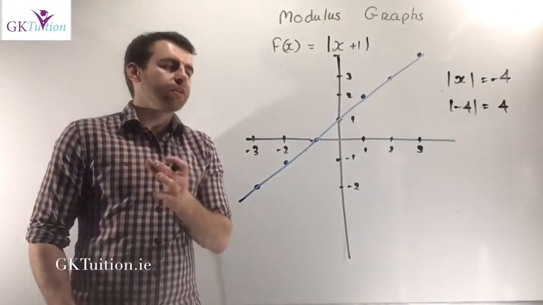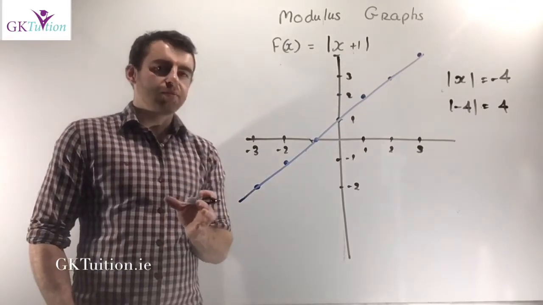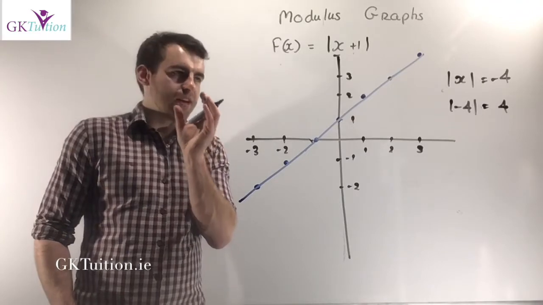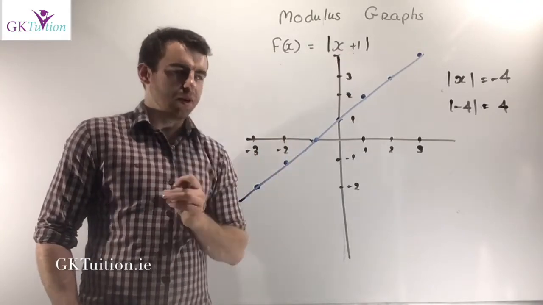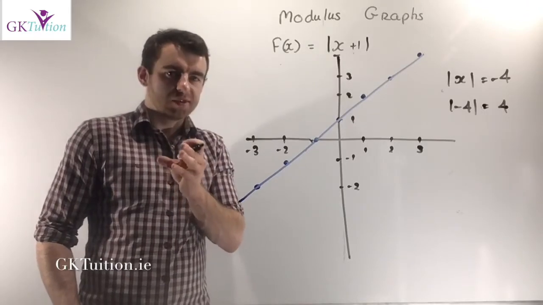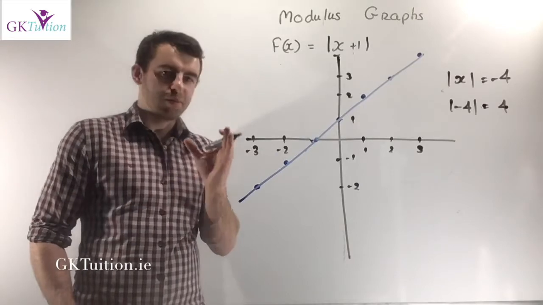I would just ignore the sign, and the absolute value of this is just 4. So you need to realize that it's okay to have a negative value inside the modulus, but it is not possible for the modulus of something to be equal to a negative value. It has to be positive.